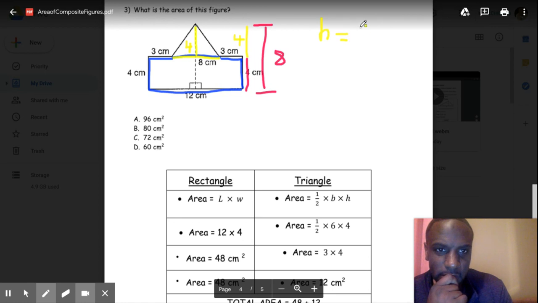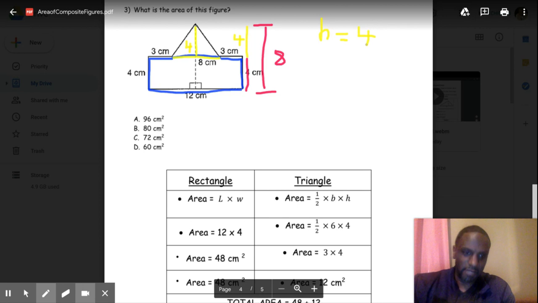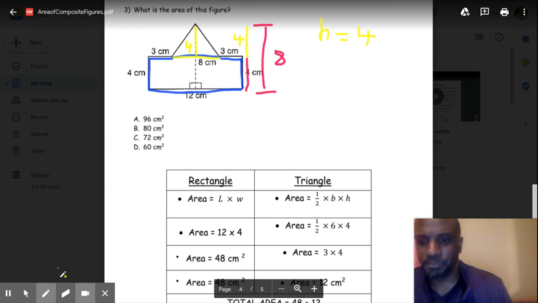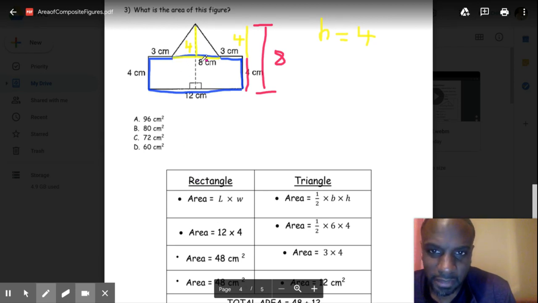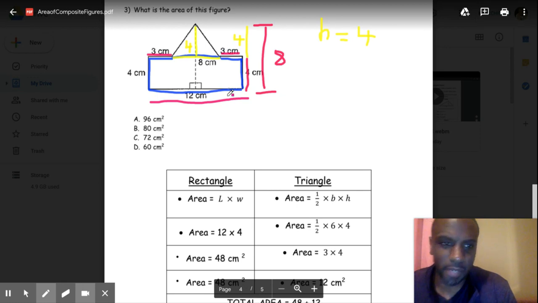Okay, Mr. Hunt, since you want to be a smarty pants, go ahead and tell me what is the base of your triangle. Well, let's look at this. The base of my triangle, let me use a different color here, goes from here to here in yellow. I don't know what that is. I do know that from here to here is 12. I do know that this part right here is 3 and that part right there is 3.